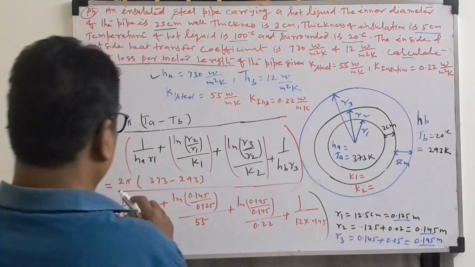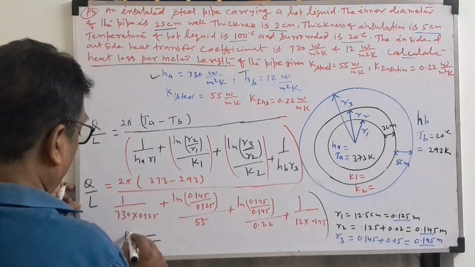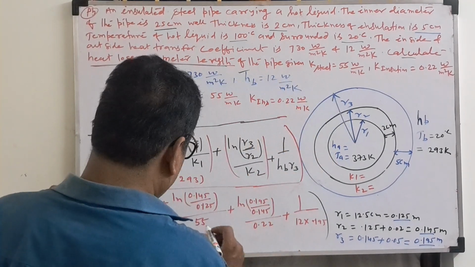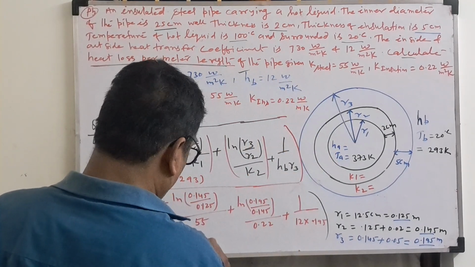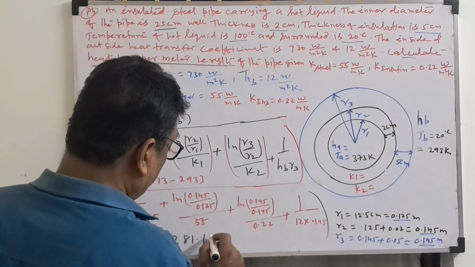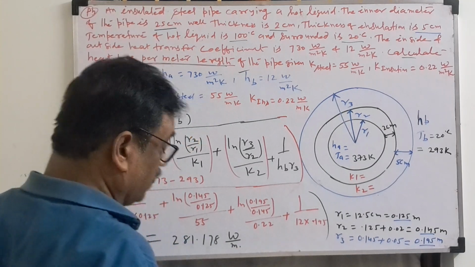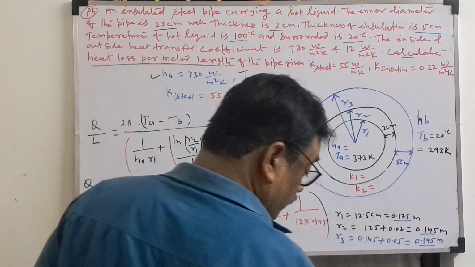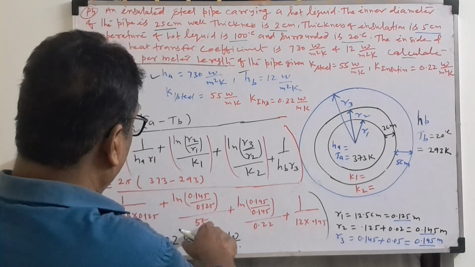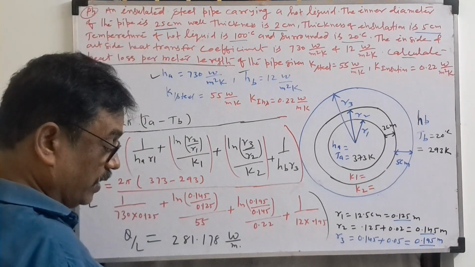Once you substitute this, you will get Q by L. The answer is 281.178 watt per meter. Check the values one more time.